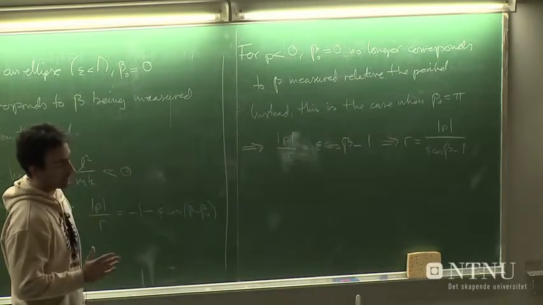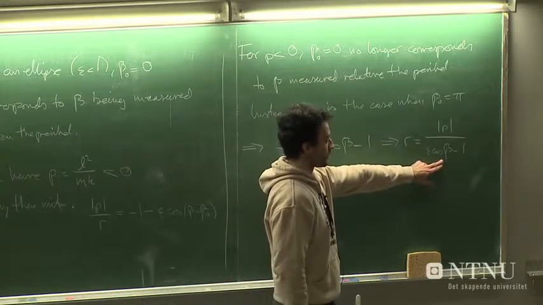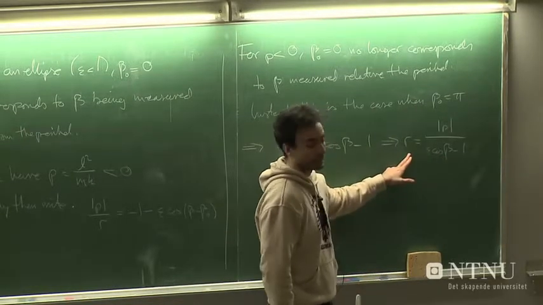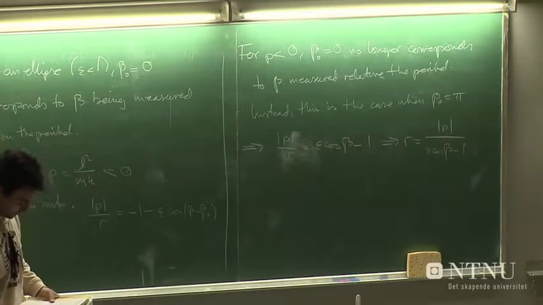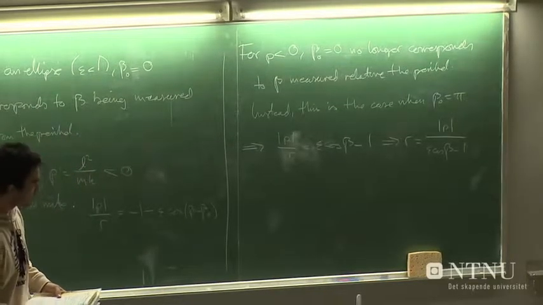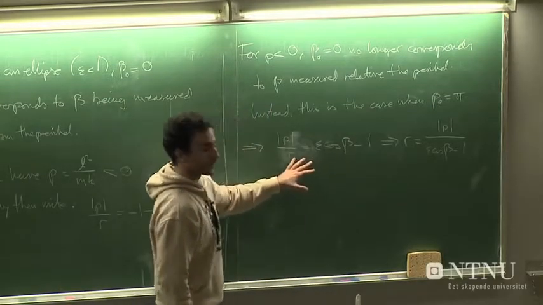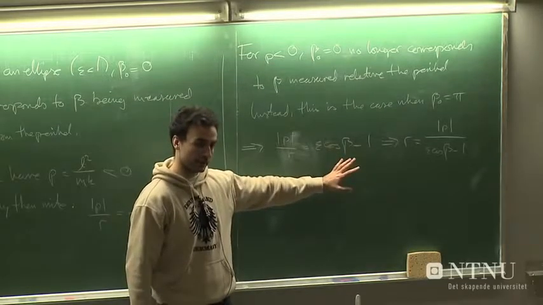And since epsilon is larger than 1, you see that beta equals 0 will correspond to r being minimum. And moreover, from this equation, it follows that this right-hand side also always has to be positive.